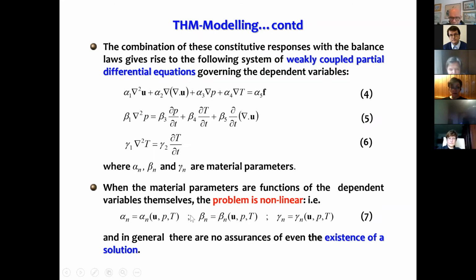The natural tendency is really to take these constants and then say they are dependent on the independent variables as well, which will make the problem highly nonlinear. That means you don't know whether you even have a solution, or existence of the solution is not addressed.